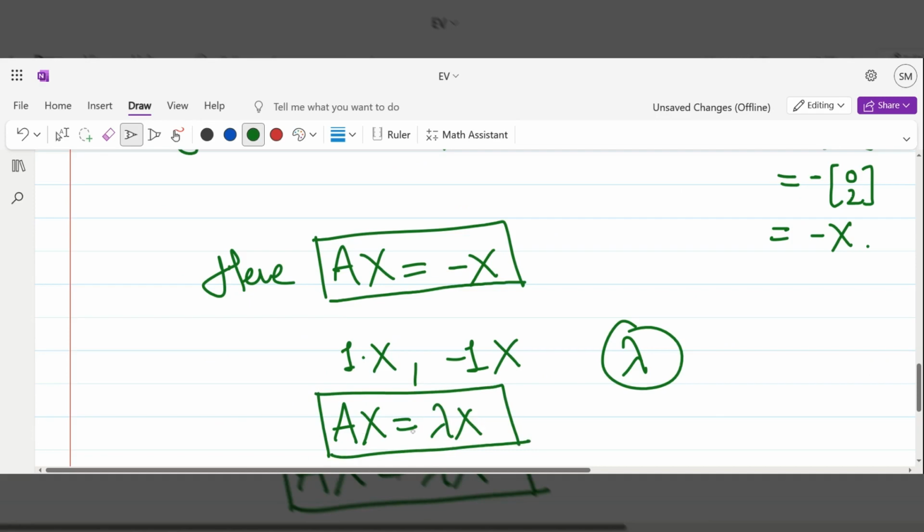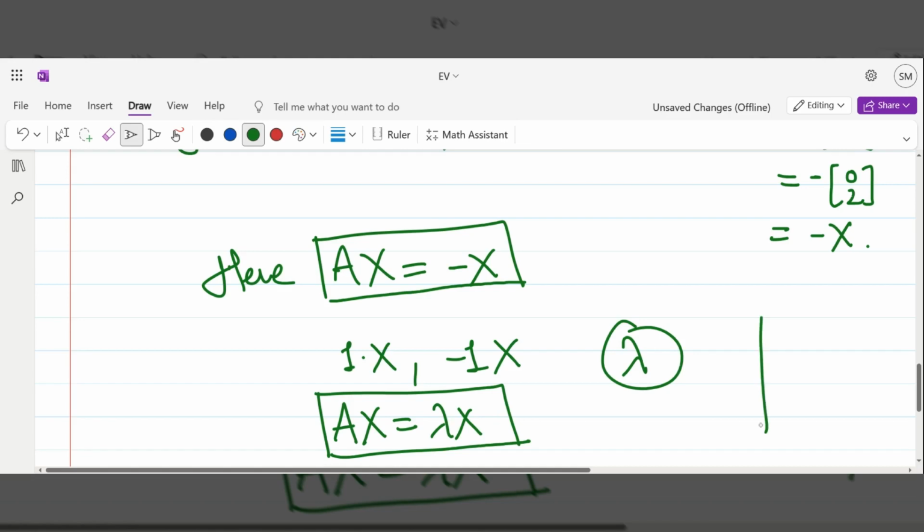A into x equal to lambda x. In one case, the value of lambda was 1 and in another case, lambda was minus 1. And ignoring the zero vector, there are an infinite number of non-zero vectors which satisfy such an expression.